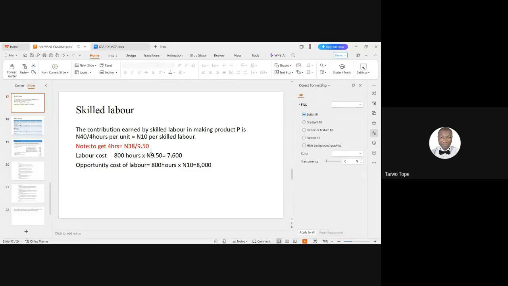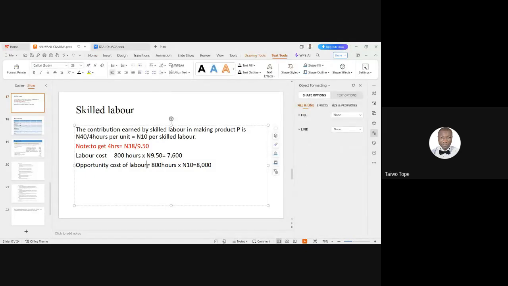So the point is this: if we are to move them, there will be a loss of contribution in producing P. And that loss of contribution will be what? 8,000.